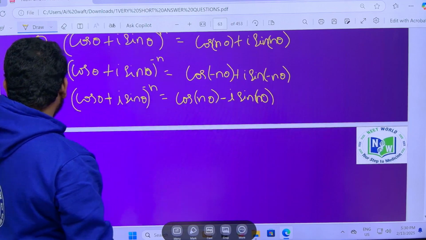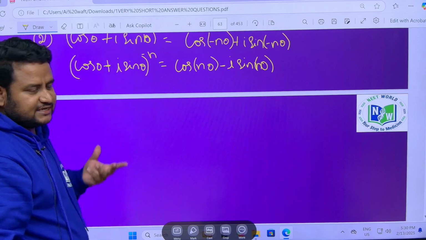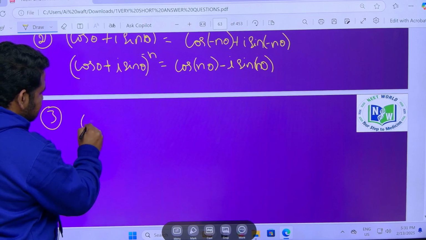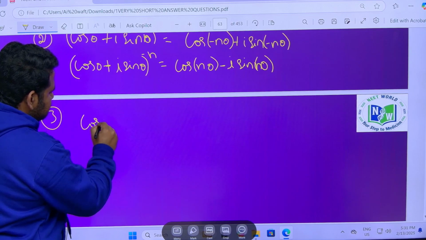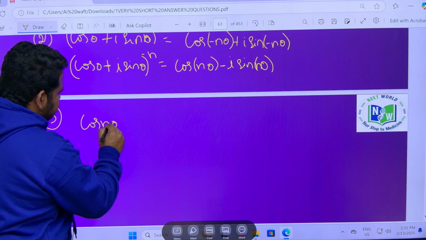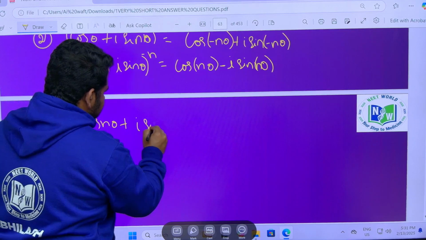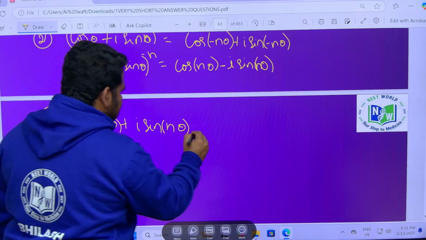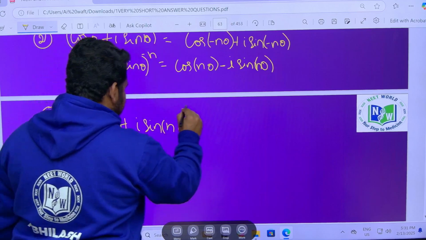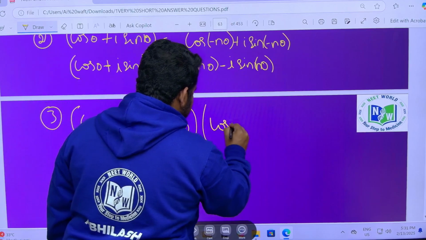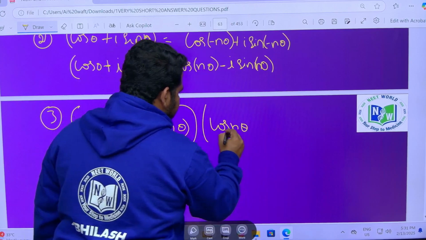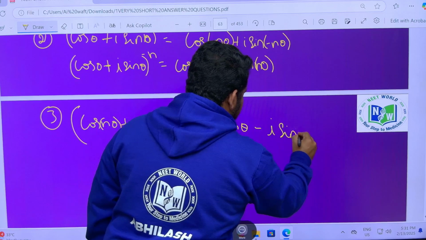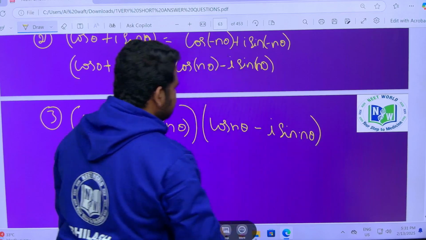Next thing is, suppose we multiply the first equation and the second equation I gave, that is the third one: (cos n theta plus i sin n theta) into (cos n theta minus i sin n theta). If I multiply, what will I get, friends?